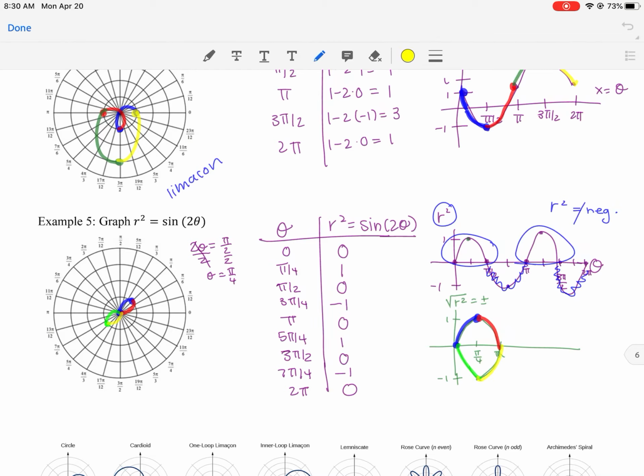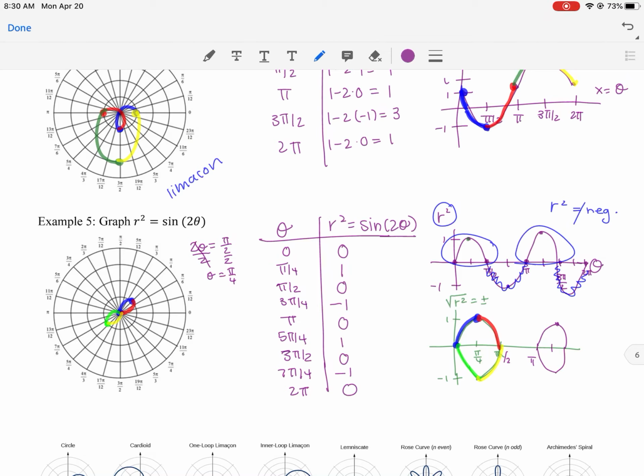In this case, if you do think about this other portion of the graph, this part where it's going at pi, this is pi halves. At pi, where it kind of goes up, let's just mirror this.